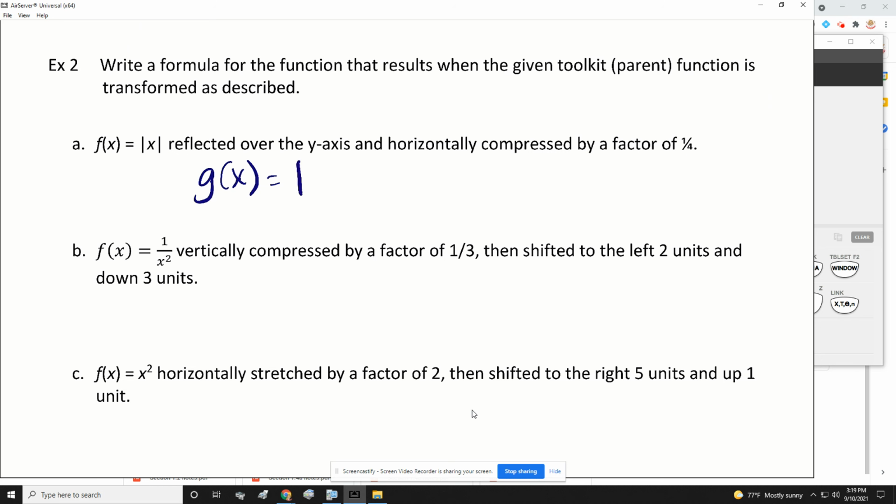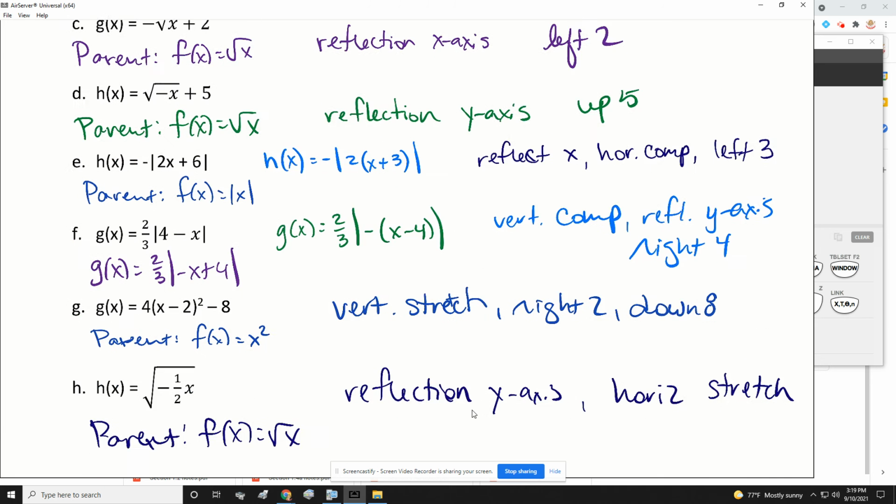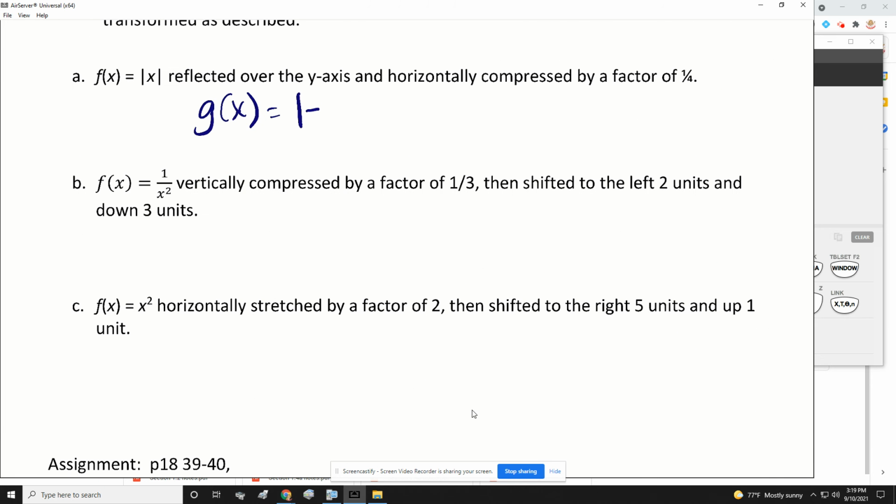So now to reflect over the y, you have a negative on the inside. And horizontally compressed by a factor of 4, we're actually going to need a 4 there to make sure it gets compressed. So the horizontal compression and stretches would do the reciprocal when we're writing it.